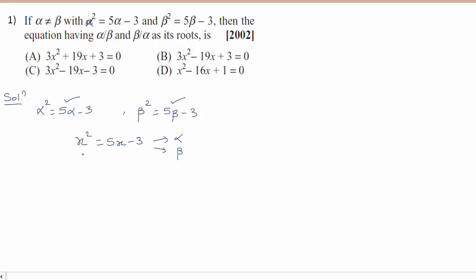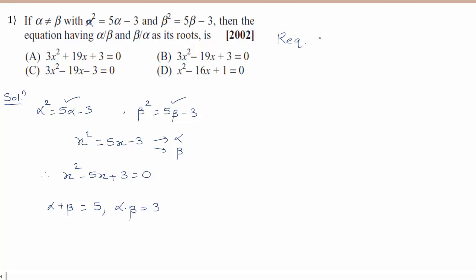All right, so now we have a quadratic equation x square minus 5x plus 3 equal to 0 having roots alpha and beta. So alpha plus beta would be 5 and alpha into beta, that is c by a, would be 3. Fine.